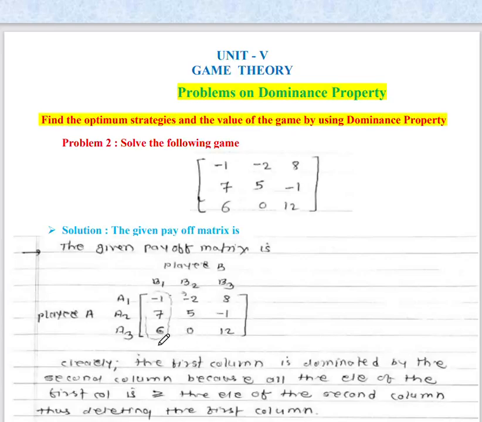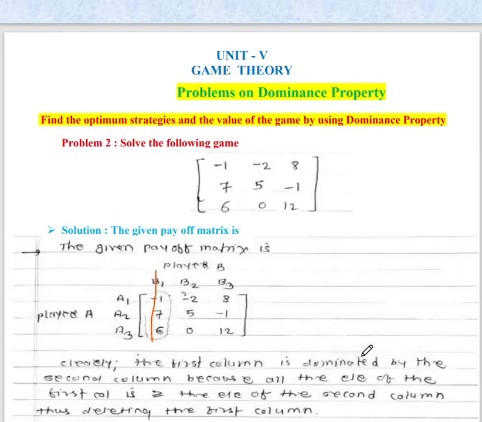That means the first column dominates the second and third columns. Therefore we will remove the first column in step number 1.